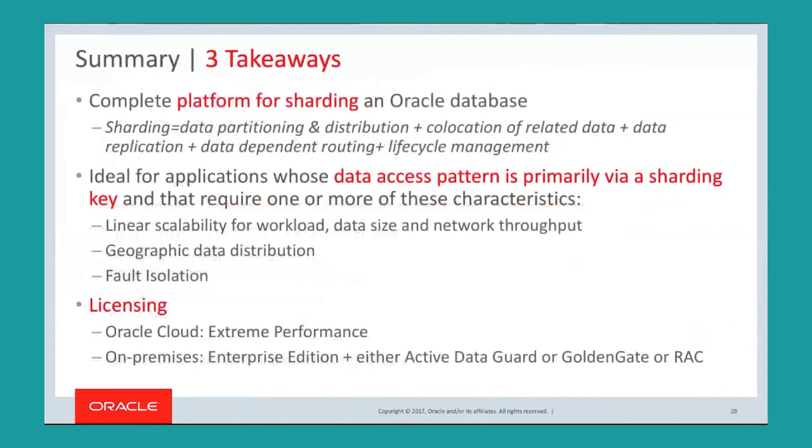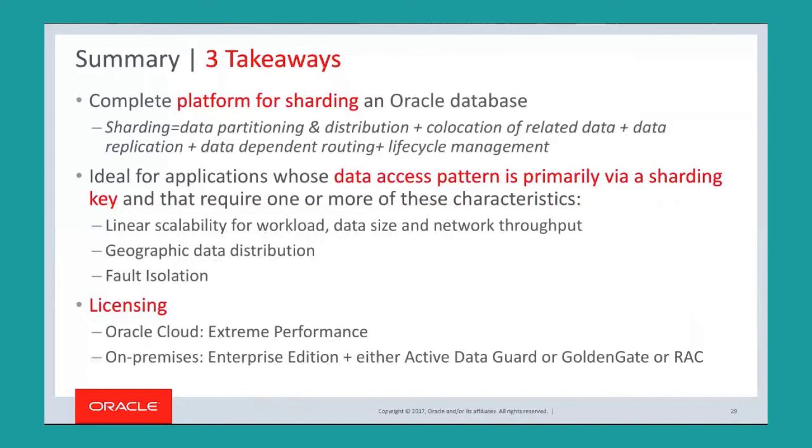So in summary, what we talked about is sharding. It's a platform for you to build a distributed scale-out database, right? What we leveraged is time-tested technologies that we always had and built this architecture. We had partitioning, we had distribution using replication technologies. We co-located related data, right?